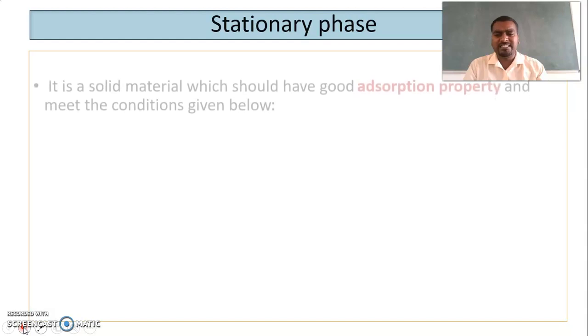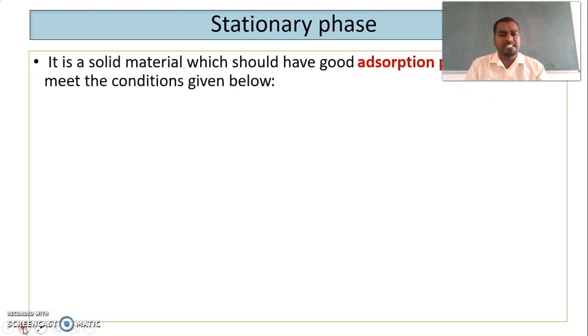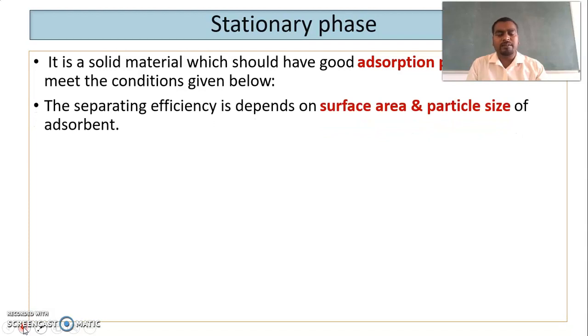Now let us see the stationary phase. The stationary phase is fixed in the column, and in column chromatography it works based on the property of adsorption. That's why it is called the adsorbent. The separation efficiency of the stationary phase depends on the surface area and particle size of the adsorbent, because, as I told you in the beginning, it works on the principle of adsorption.